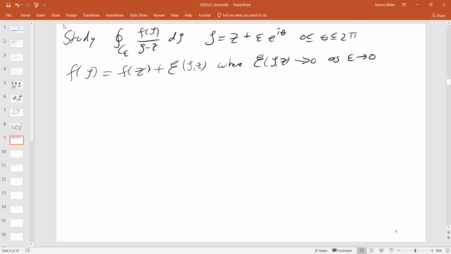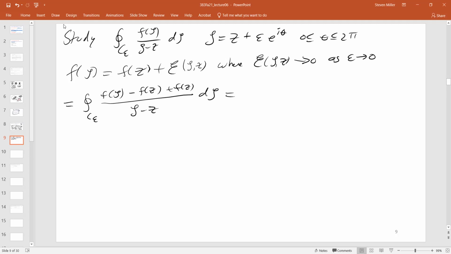And so what we would get is that it equals the integral over c epsilon of f of zeta minus f of z plus f of z over zeta minus z d zeta. I've just done one of the oldest tricks in the book, nothing, right? We can do nothing by adding 0. We can do nothing by multiplying by 1.